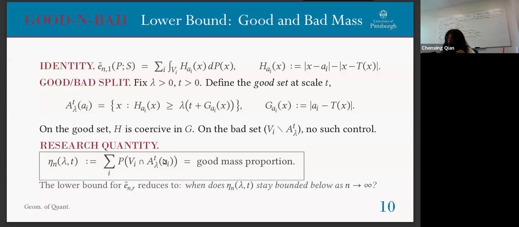So this is a total good mass portion. And whether there are lower asymptotics relies on whether the quantity eta n stays bounded below as n goes to infinity. So this is a crucial quantity here.